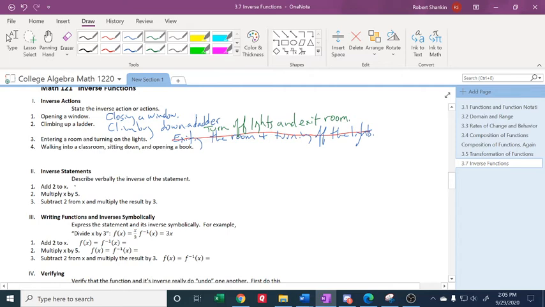Go ahead and type that into your group chat. Don't hit enter yet, but just type it up. Okay, hit enter. See what others have written.